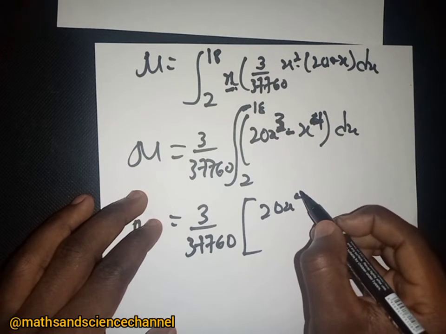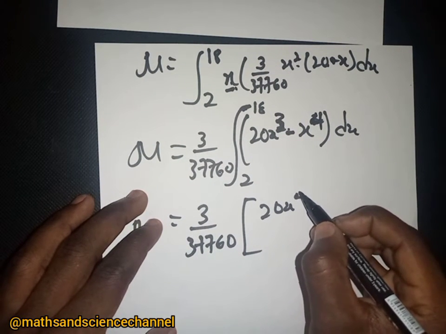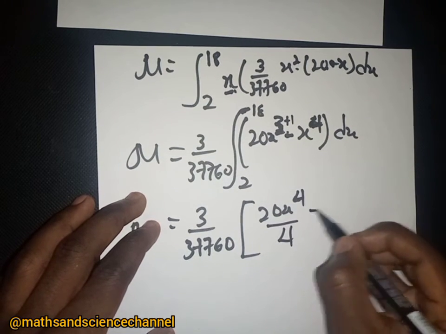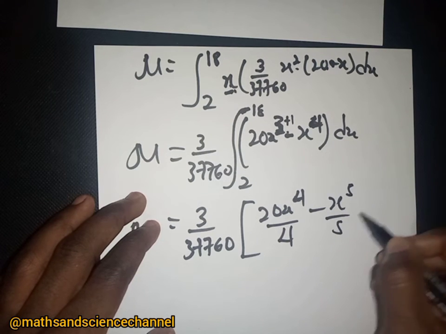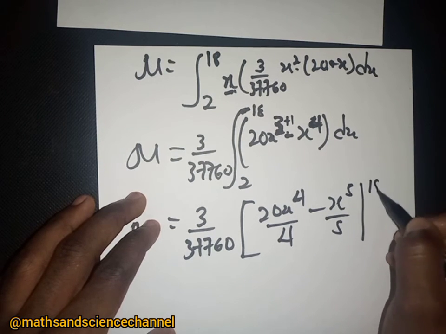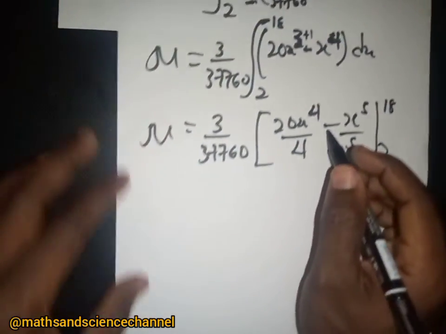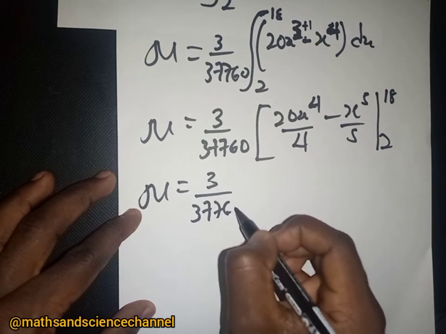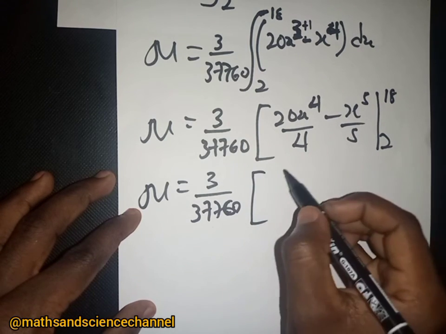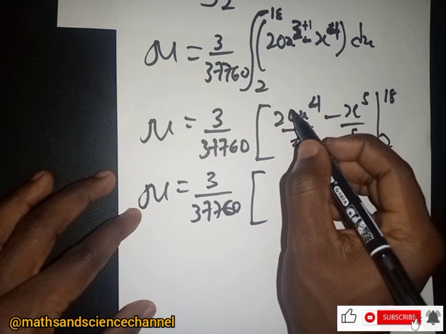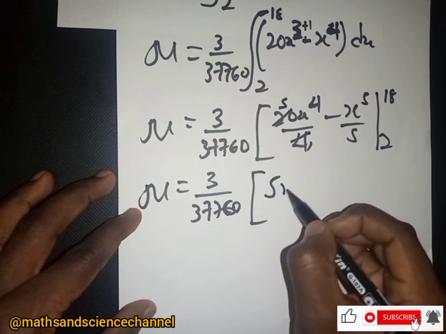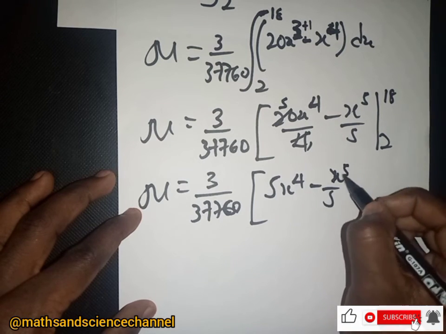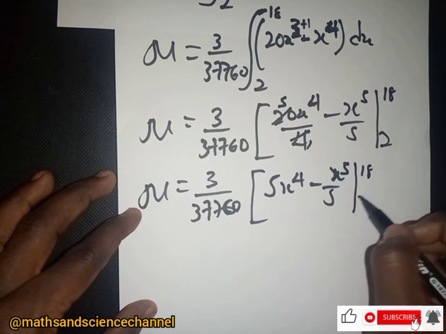So we have over here 3 plus 1, which will just be 4, divided by 4, then x to the power 5 divided by 5, and we have it from 18 to 2. So we are just going to have 3 over 37,760 here. Over here, the 4 cancels itself, and we have 5, x to the power 4 minus 1 over 5 x to the power 5, 18 over 2.